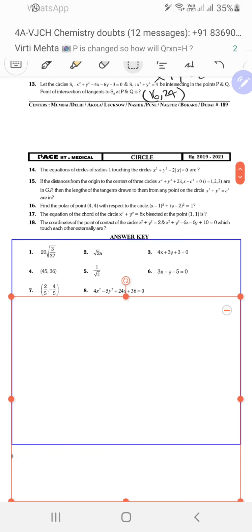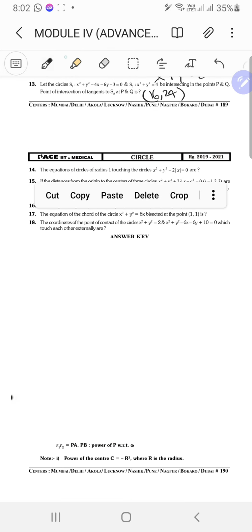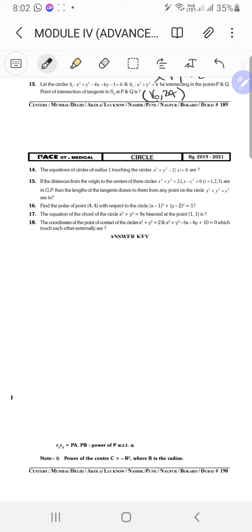Okay, so not that much. The equation of circles of radii 1 touching the circles x squared plus y squared minus 2 mod of x equal to 0 are, okay, that's weird. The equation of circles of radii 1 touching the circles.